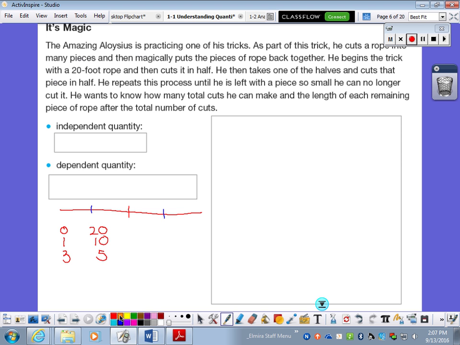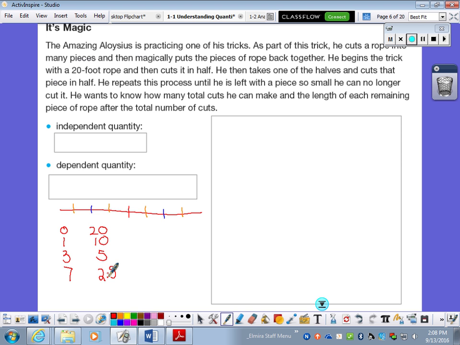If he cuts each piece in half again, we've got the 3 original cuts plus 4 more cuts. So that's 7 cuts, and each piece, we've got 8 pieces, that's 2.5.